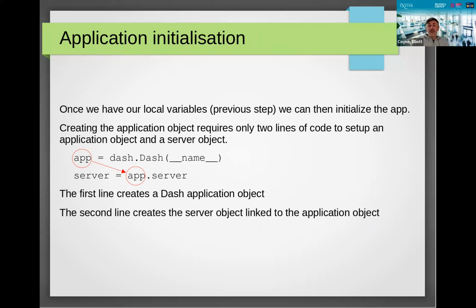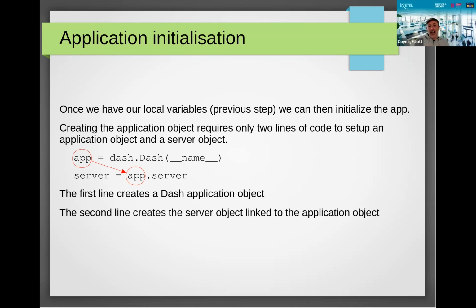So the next stage, after we've assigned those local variables, is the app initialization, and it's just 2 lines of code, and it will always be the same. So here we create a new variable called app, and then we get that from dash.Dash, open brackets, double underscore name double underscore, close brackets, and then we'll create the server object, and we'll do that by assigning server equals, and then whatever you have called the variable above.